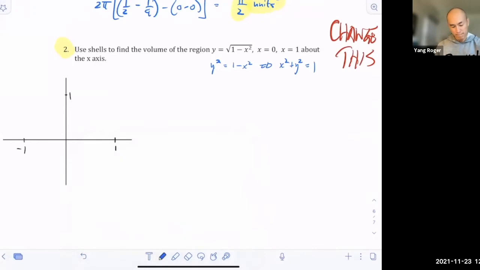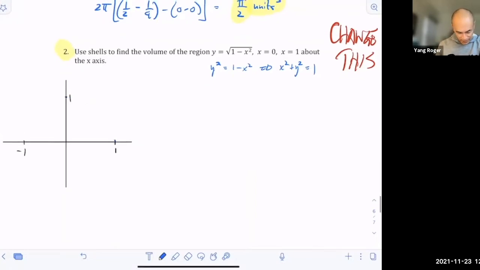Let me explain why. I have a semicircle that looks like this. Wow, that's not a good semicircle. I have a semicircle that looks like this. And they want me to use shells to find the volume of the region.